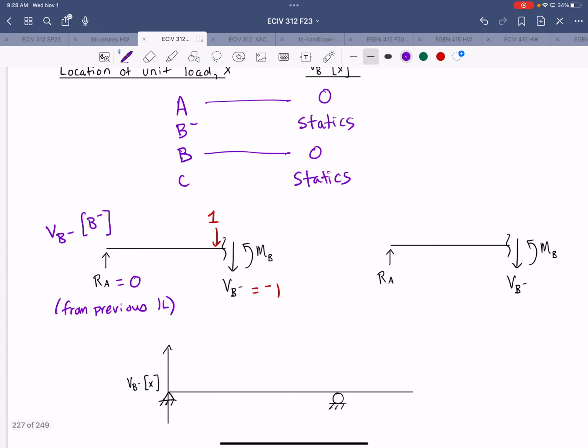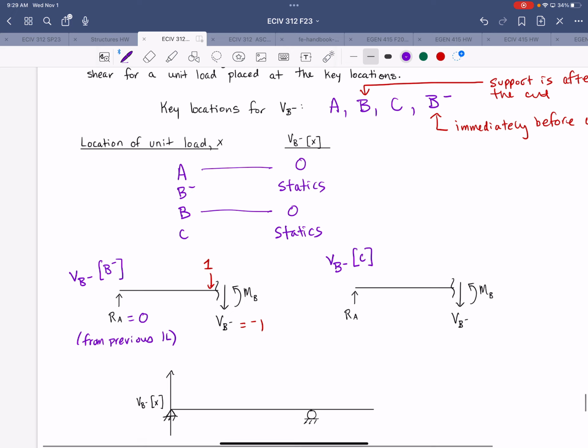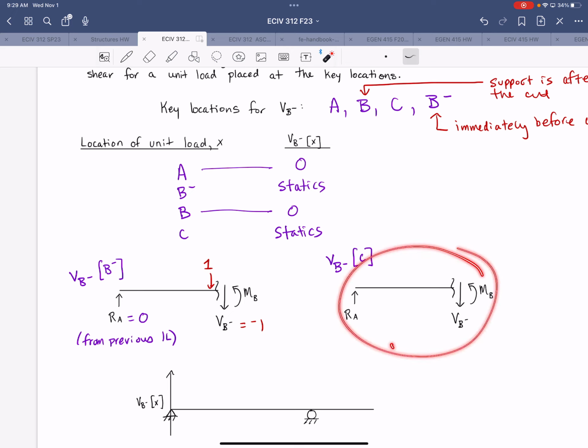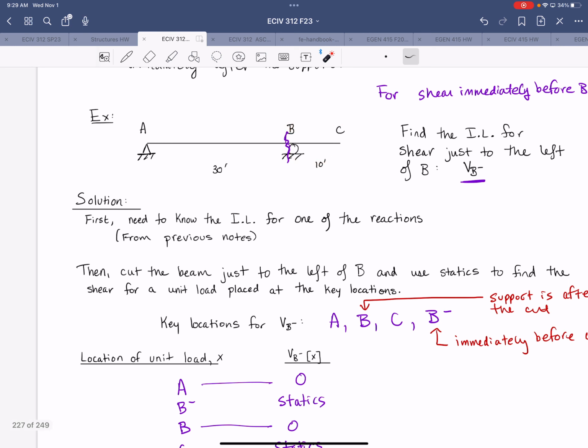All right, so for the next point then, we'll say this is the shear immediately before the support at B when the unit load is at C. Now the unit load is not on this side of the cut. So we could, if we wanted to, use the other side of the cut, and then we would need to incorporate the reaction at B for the unit load at C. But we can also use this side of the cut.